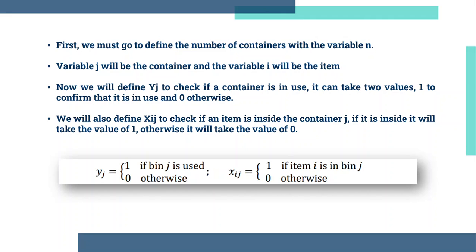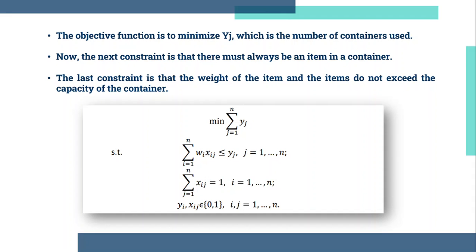If not, the value of the variable is 0, and it is the same for xij, to validate if an item is inside of a container. And the objective function is to minimize the sum of yj, which, as I mentioned before, is the number of containers used.